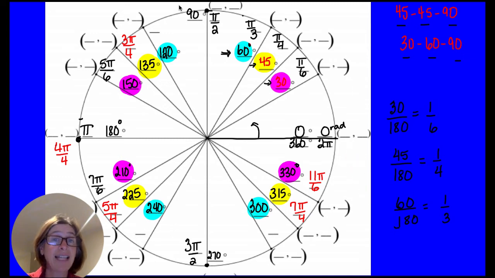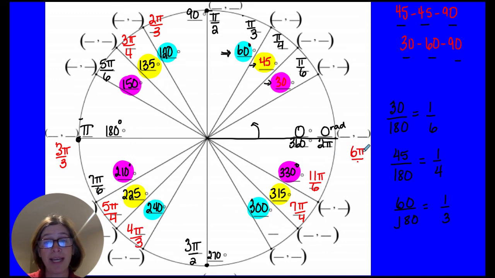All right, let's look at the last one, the pi over 3 angles. So I'm going to turn pi into 3 pi over 3, which would make 120 2 pi over 3. It would make 240 4 pi over 3. And if I made 2 pi 6 pi over 3, it would make 300 5 pi over 3.